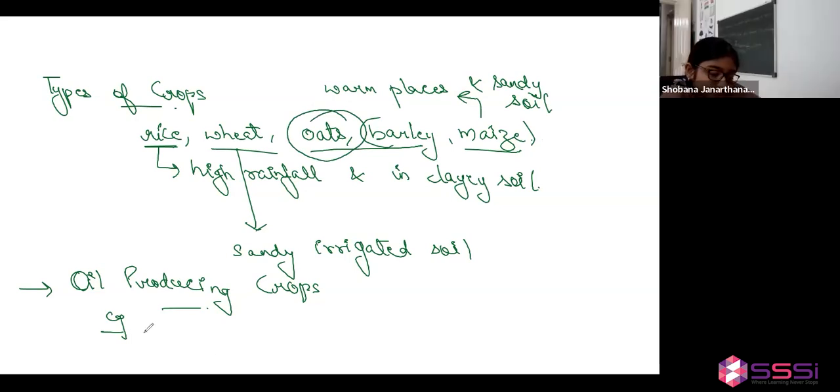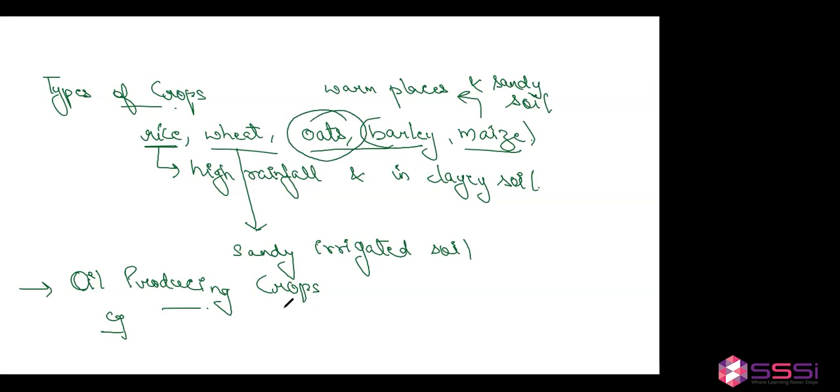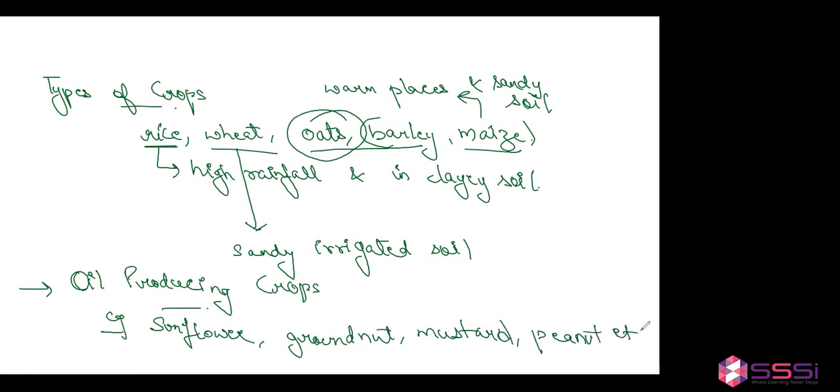Okay. So now, oil producing crops. Oil can be produced by sunflower, groundnut, mustard, peanut, etc. Coconut is grown in sandy soil.